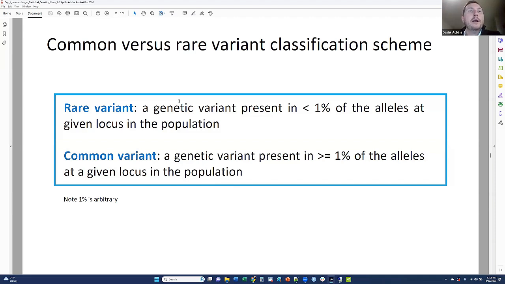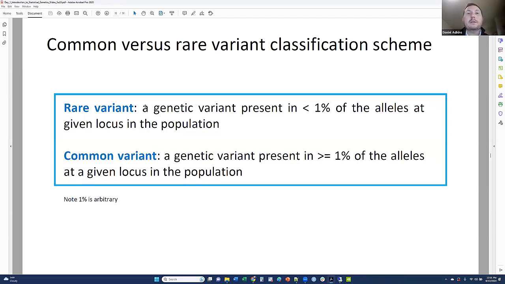So rare variants are quite interesting, and they're often quite influential on phenotypes, but they're challenging to study because they occur infrequently. There's no guarantee that a given rare variant is going to appear in your data set. They're also tricky because with their occurrence being so low frequency, that has a negative impact on statistical power.